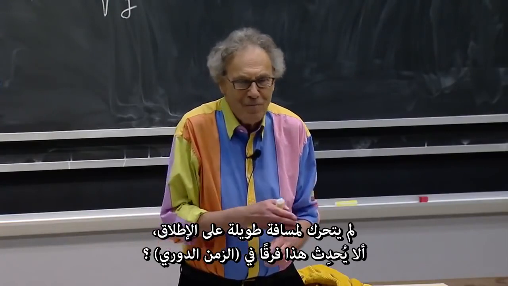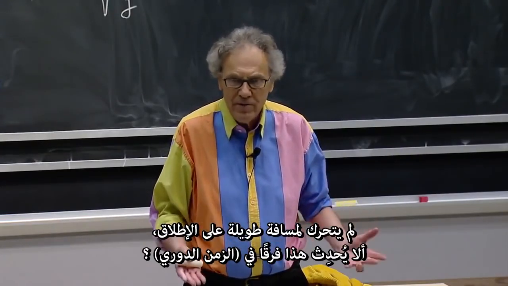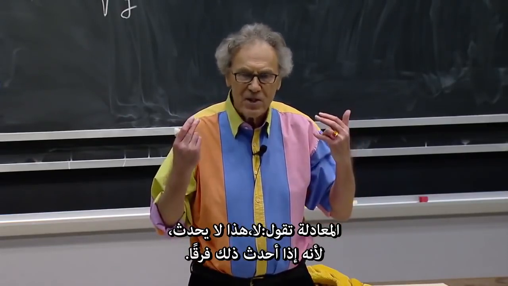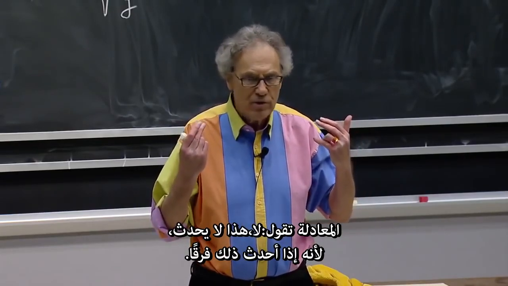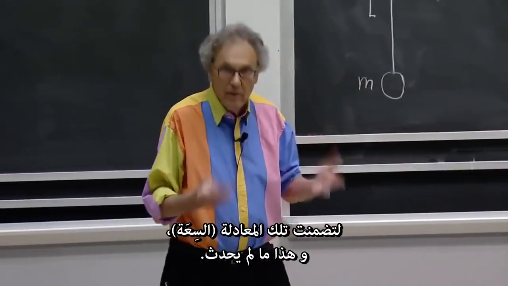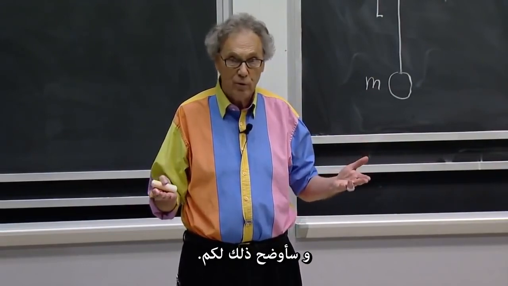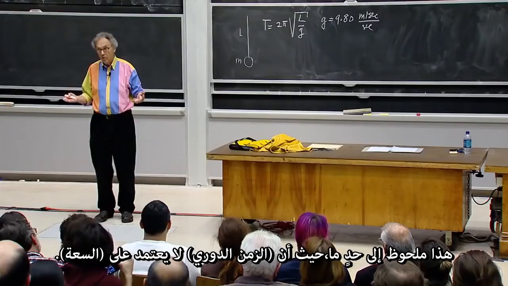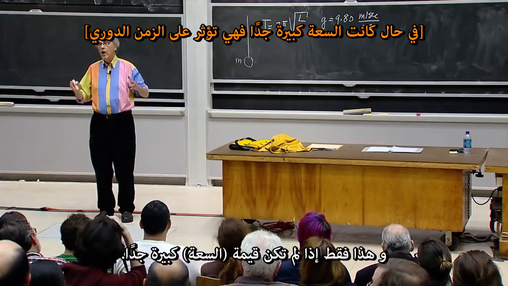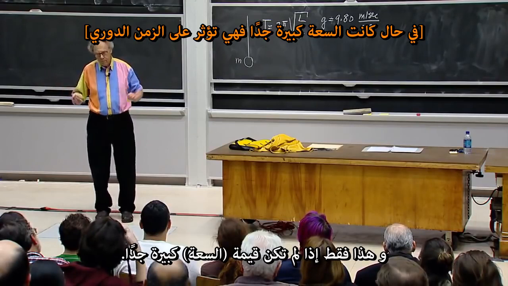It doesn't have to travel very much at all. Doesn't that make a difference in the period? The equation says no, it doesn't. If it did, the amplitude would be in that equation, and it is not. I'm going to demonstrate that it is quite remarkable that the period is independent of amplitude if you don't go to extreme values of the amplitude.